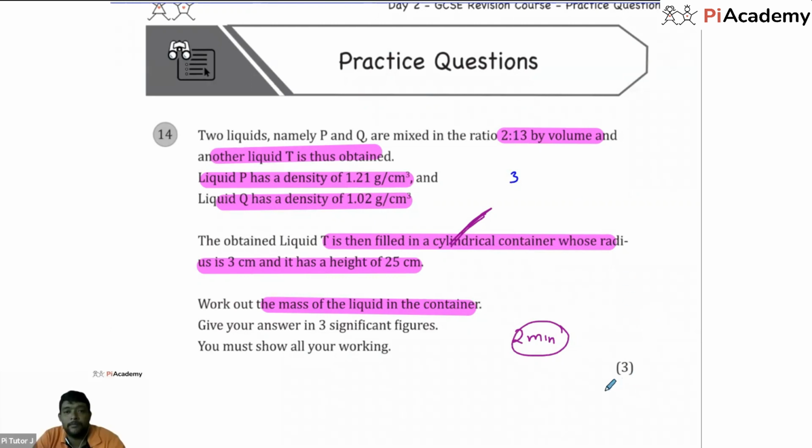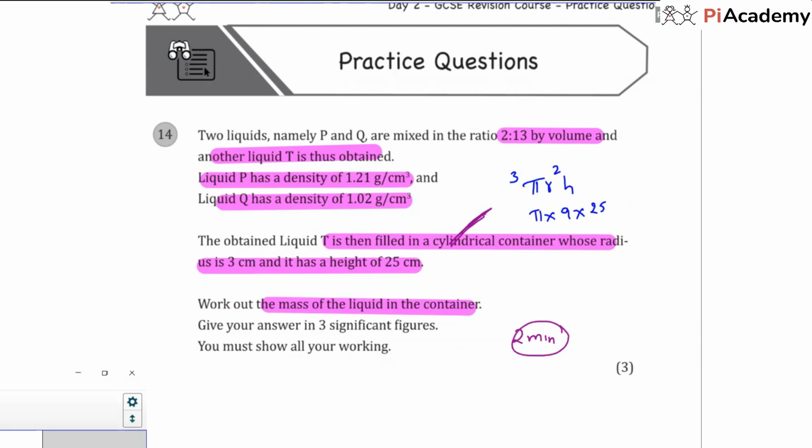Yes, it is pi r square h, right? So the radius is 3 centimeters. It is pi times 9 times h is 25. The volume I got is 706.86, which equates to 225 pi.